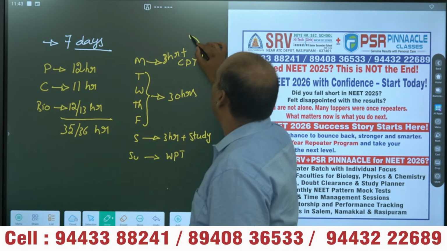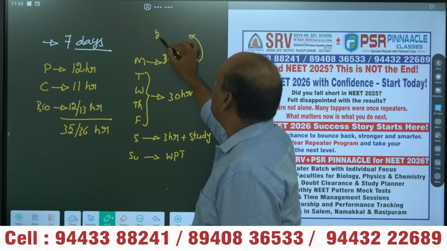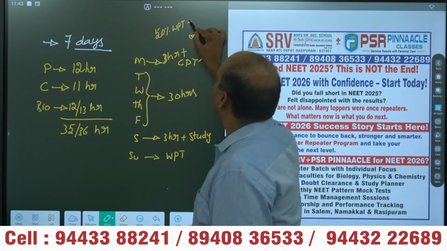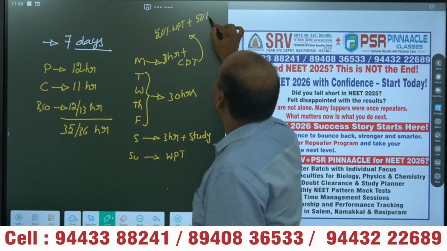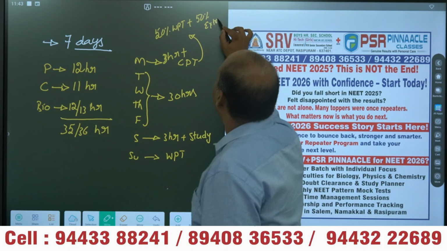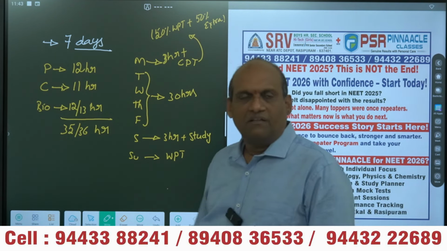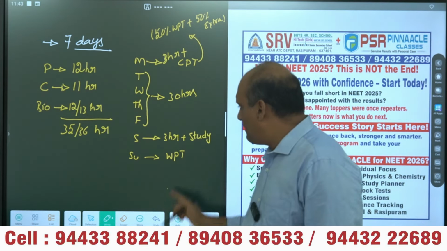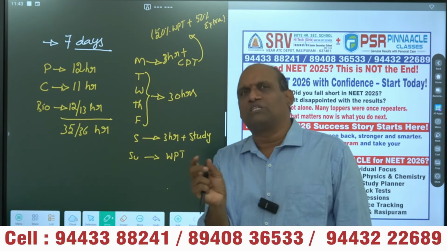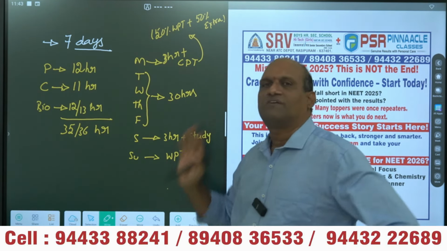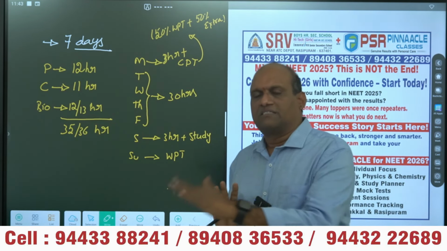The CPT syllabus is 50% of the WPT plus 50% extra syllabus. So this is the syllabus for every week's CPT. After the Sunday exam, you can spend 2-3 hours on revision of the extra syllabus of the WPT for the CPT.